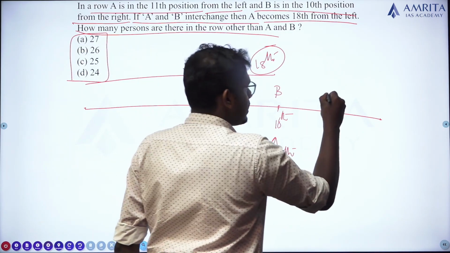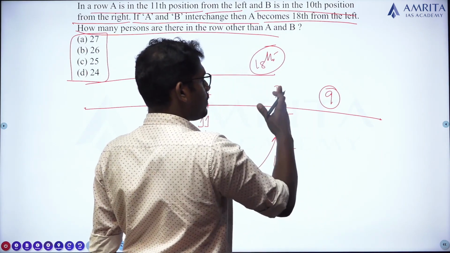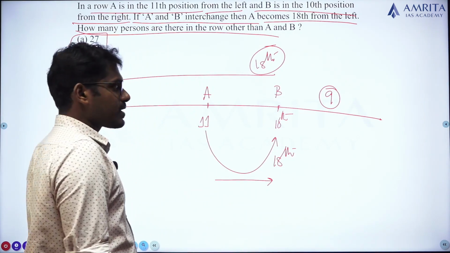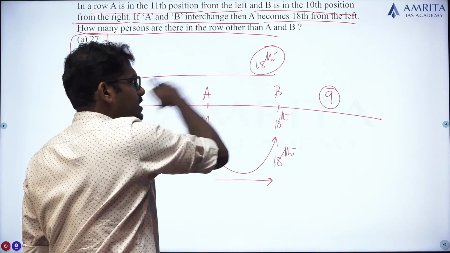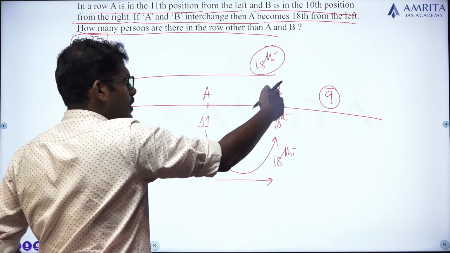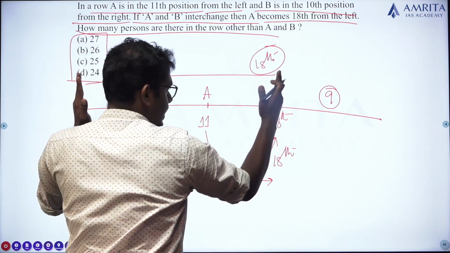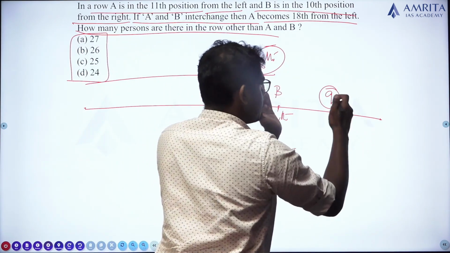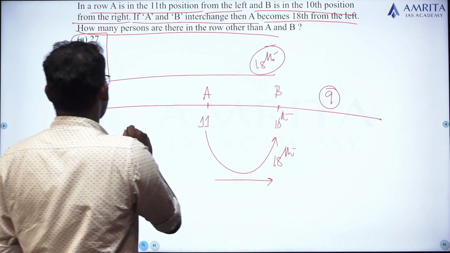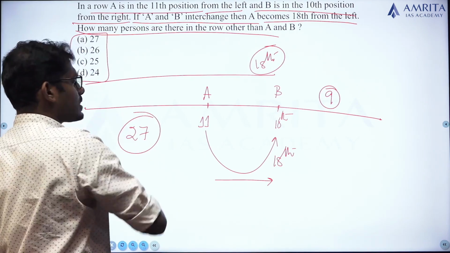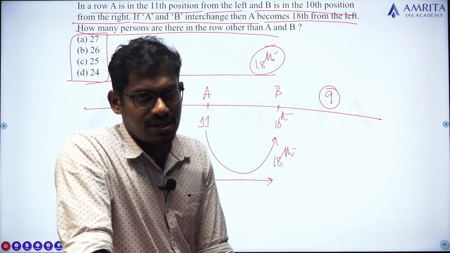So here 9 members are to the right of B. Including B, there are 18 members, and to the right of him there are 9 members. So total 18 plus 9, that is 27 members.